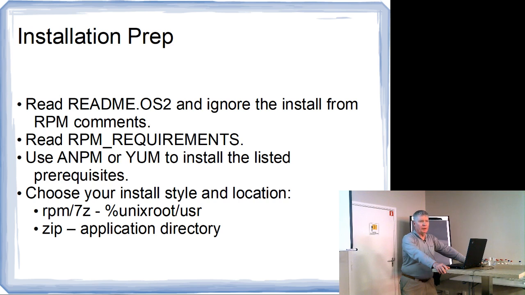There may be some other optional things that have to do with the multimedia stuff that you want to get. But just make sure you read all the requirements and check on all of those sorts of things.